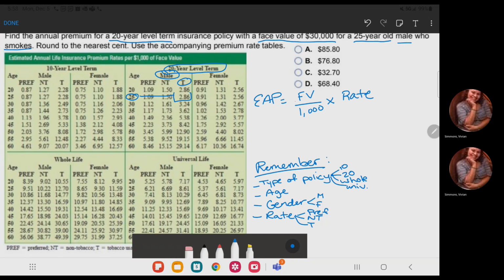That puts us at 2.86. That's my rate. And then the face value of the policy is 30,000. I divide that by 1,000, which leaves me with $85.80, which is A.